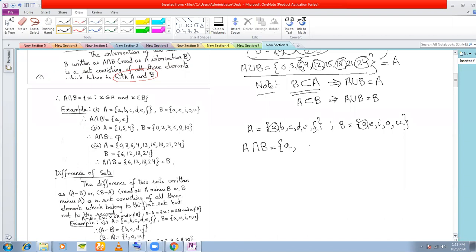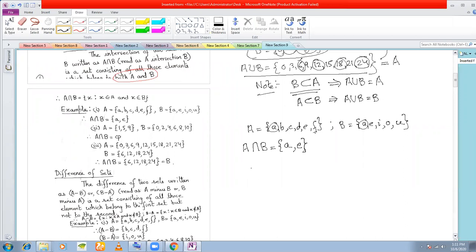No, so that is out. C, is it a member of both? No. D, is it a member of A and B? No, D is not in B. E, is it a member of both A and B? Yes, so E will be there. F is in A but not in B, so F will not be there. So only two elements: A intersection B will be A, E.